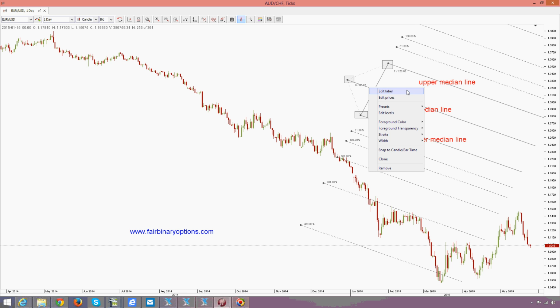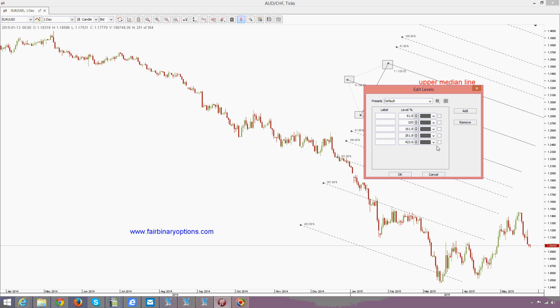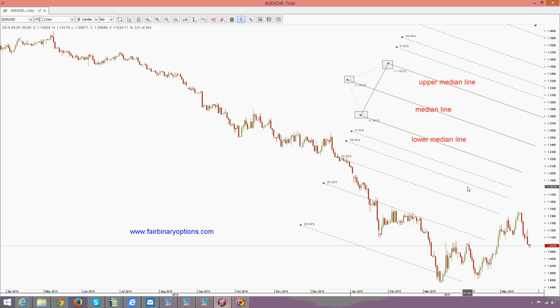If you right click and then go on edit, if you go and edit the prices, you can edit the levels like this. You can simply delete the levels. For example, let's delete this one and this one and this one and 61.8, and we go remove. They are simply disappearing from the screen.